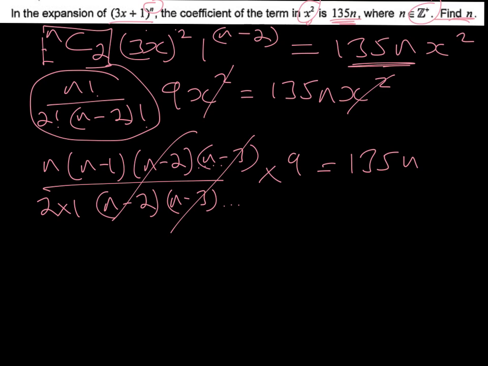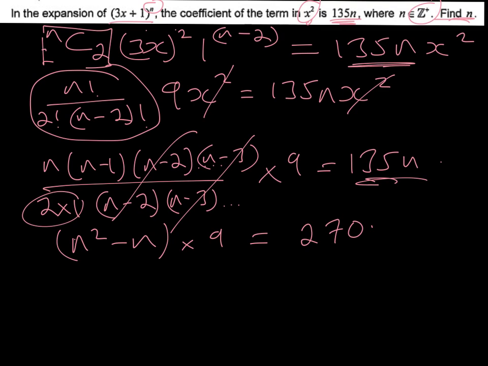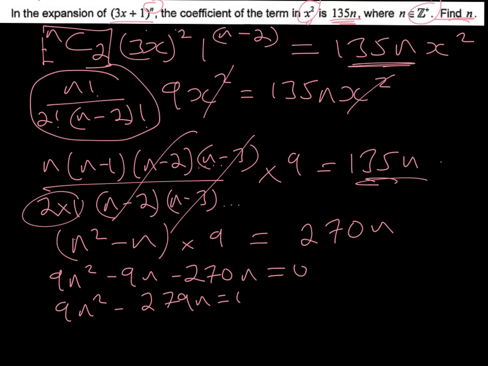So if I just look at the numerators here, I'm going to have n squared minus n multiplied by 9 is going to equal, and then I'm just going to take this 2 and multiply up here, so I end up here with 270n. So you can see that if I multiply and tidy up, I'll end up with 9n squared minus 9n minus 270n equals 0, so that's 9n squared minus 279n equals 0.